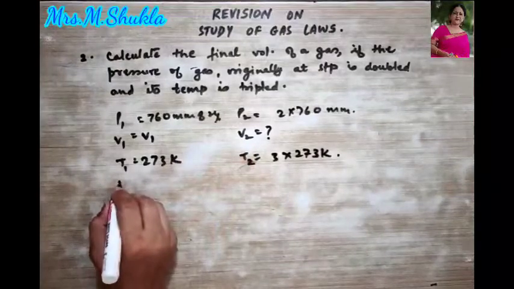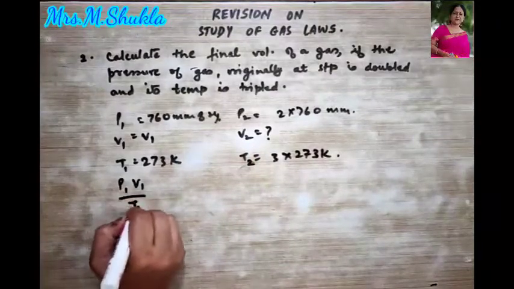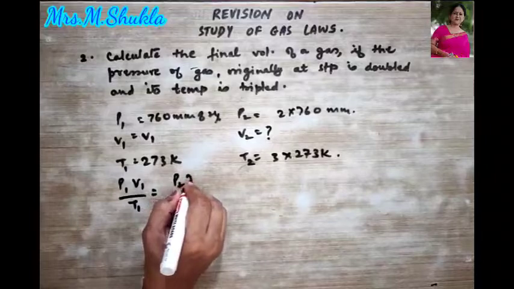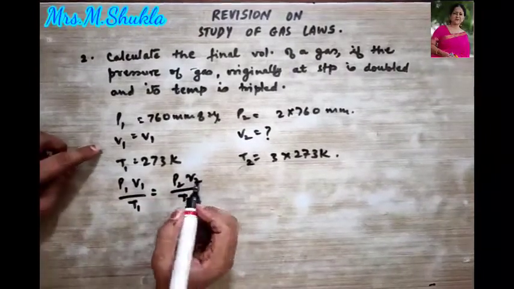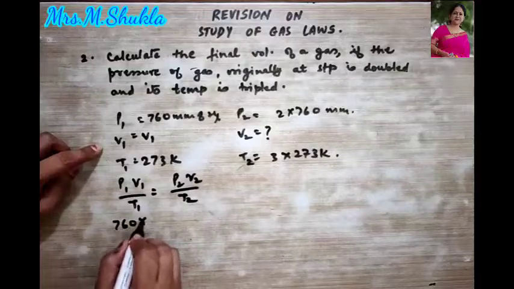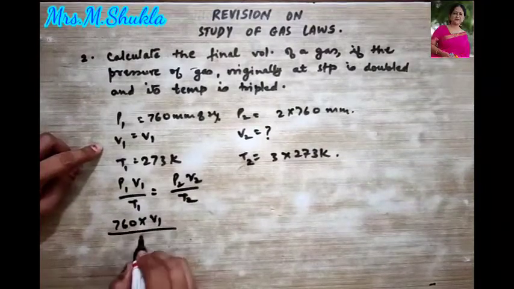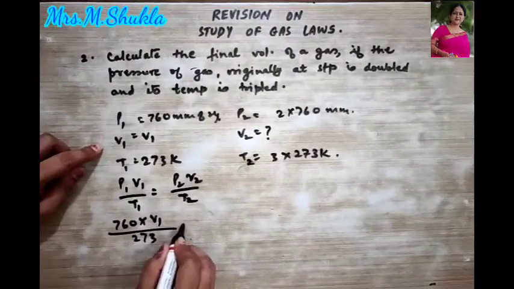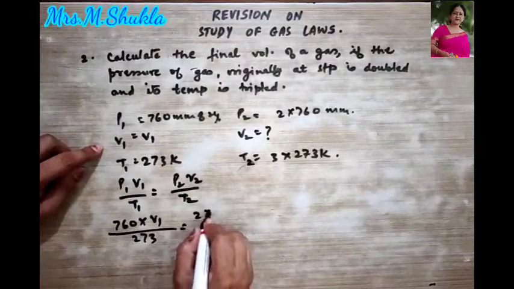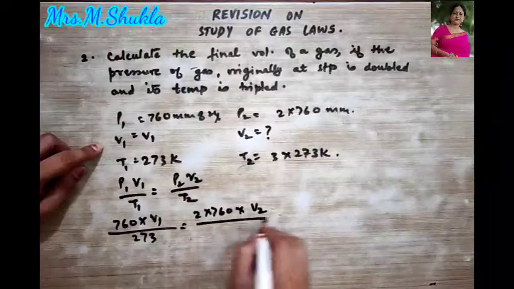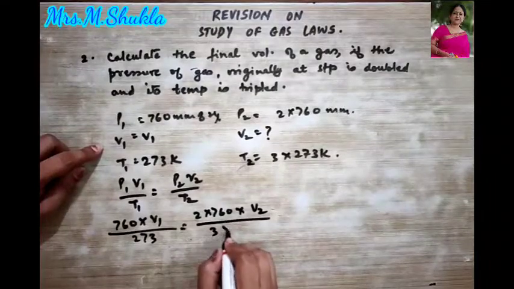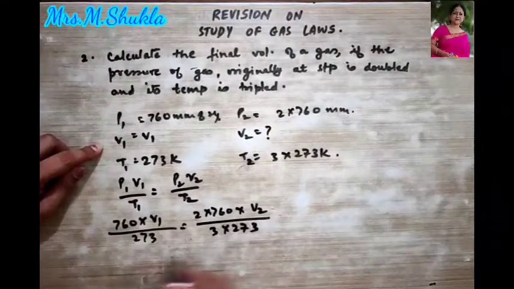Okay, so now let's write down P1 V1 upon T1 is equal to P2 V2 upon T2. So what is P1? 760 into V1 upon 273 is equal to P2, 2 into 760, into V2 upon 3 into 273.